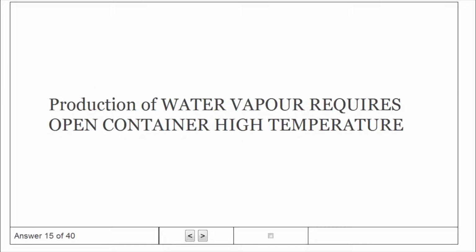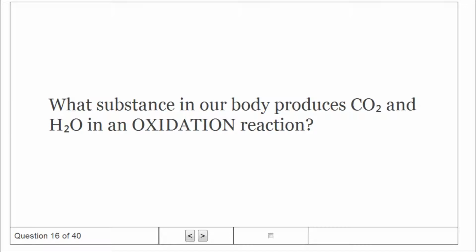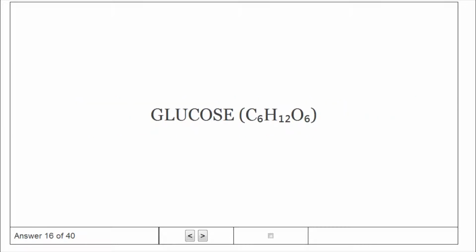Production of water vapor requires an open container and high temperature. What substance in our body produces CO2 and H2O in an oxidation reaction? Glucose.